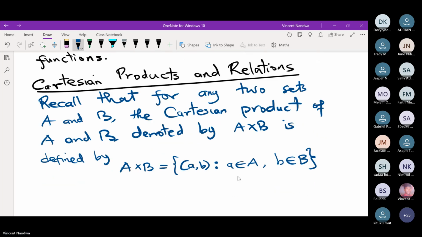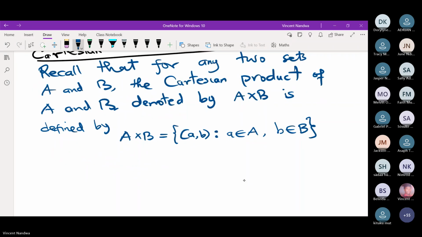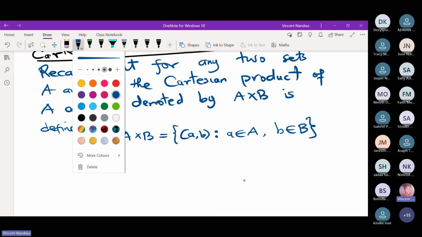Now a binary relation. We can give the formal definition of a binary relation.